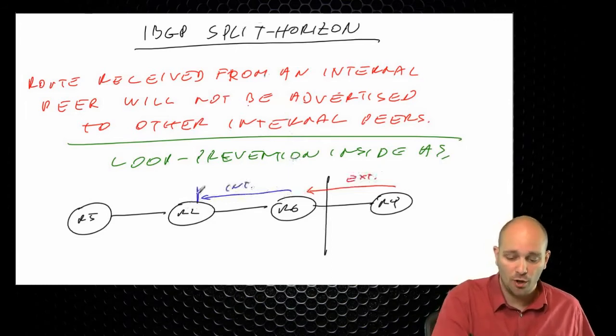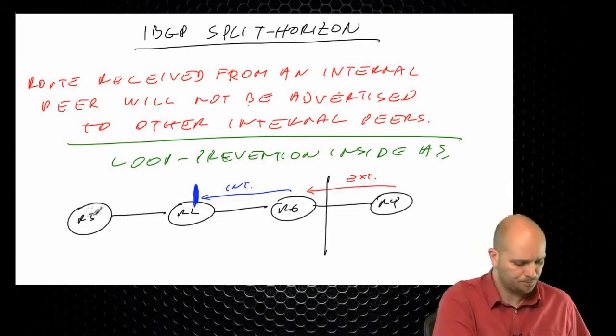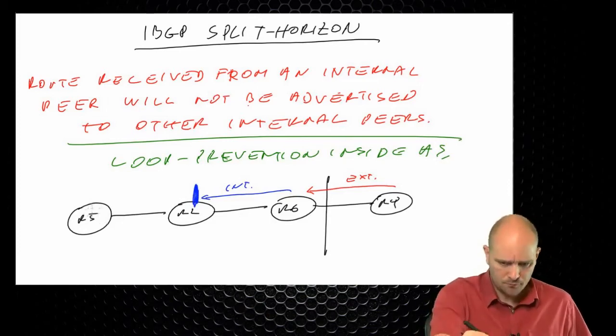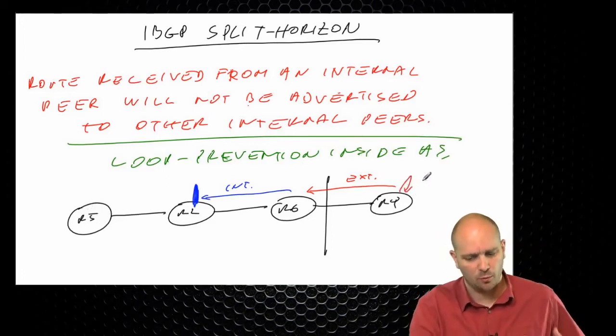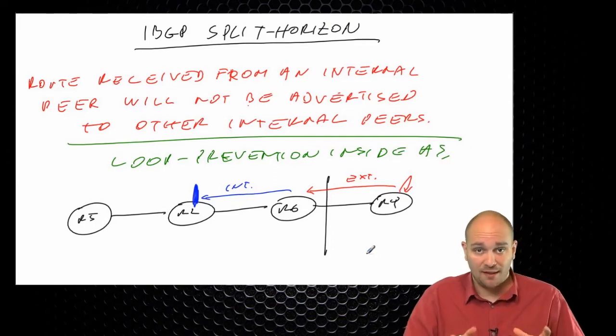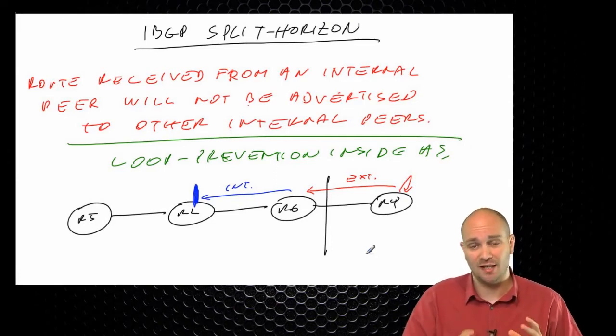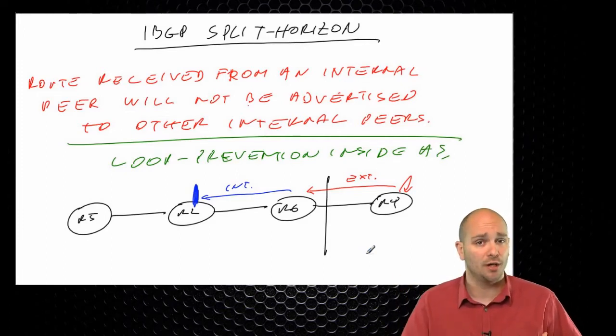And R2 will not advertise an internal route to an internal peer. Now, you might be looking at the screen unusually and saying, hey, but hold on, wasn't this route an external route? Well, yes, it was, but the internal or external route has nothing to do with where the route originated. It simply means where are we learning it from.